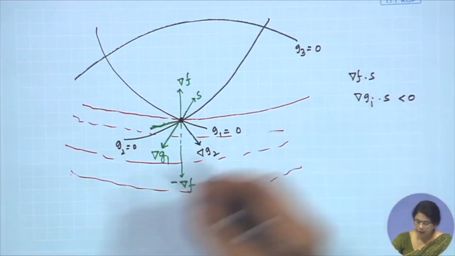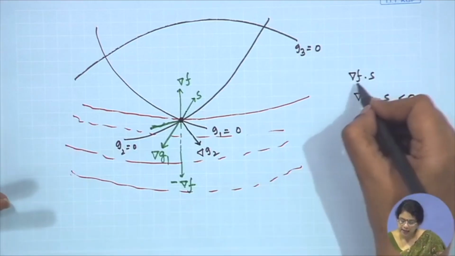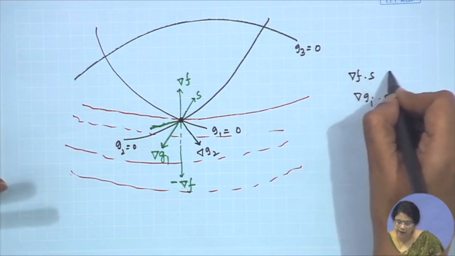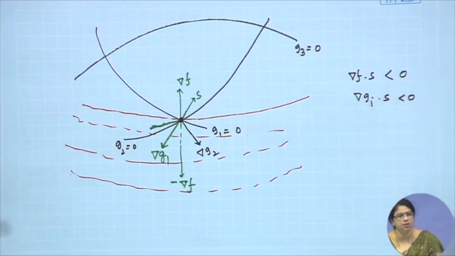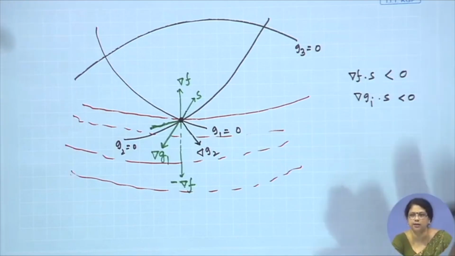All right. On the other hand, grad f dot S is less than 0 for the descent direction, it is also true. The Zoutendijk method of feasible direction is based on this fact.